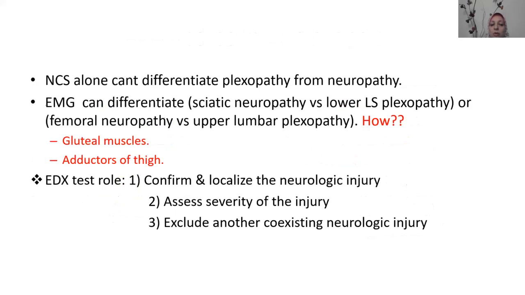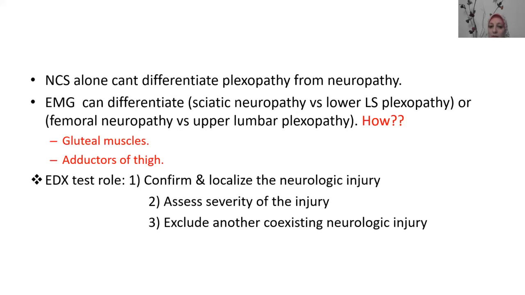So nerve conduction alone cannot differentiate plexopathy from neuropathy, but EMG can. For example, if the case is sciatic neuropathy versus lower lumbosacral plexopathy, we can do EMG examination of the gluteus maximus or medius muscle. If it is affected, the pathology will be above the sciatic nerve, and most probably at the plexus level, the lower lumbosacral plexus.